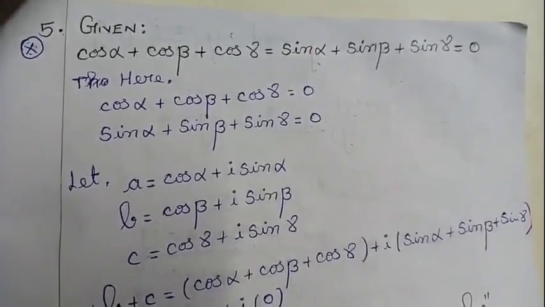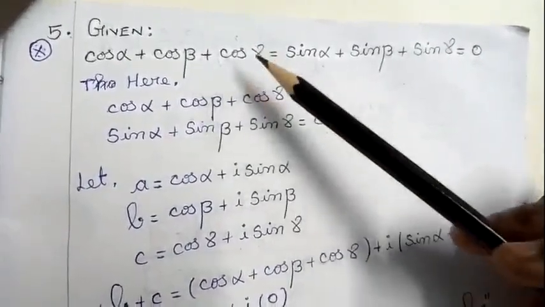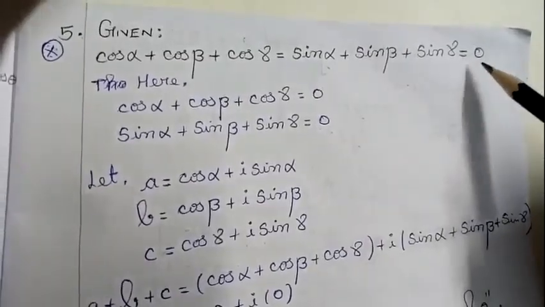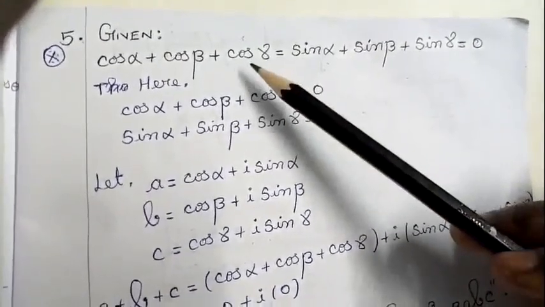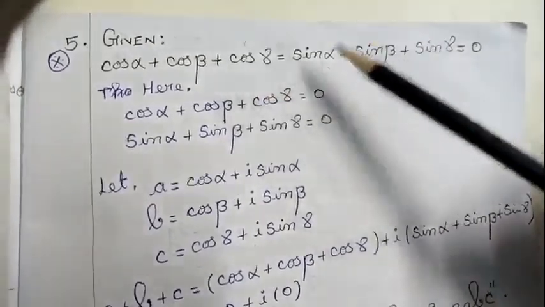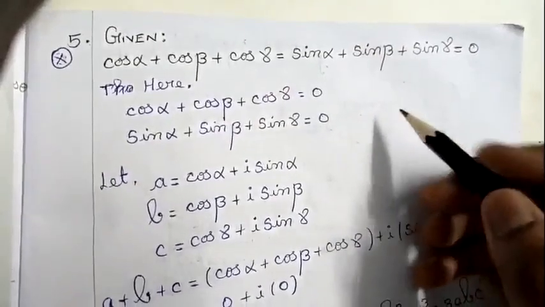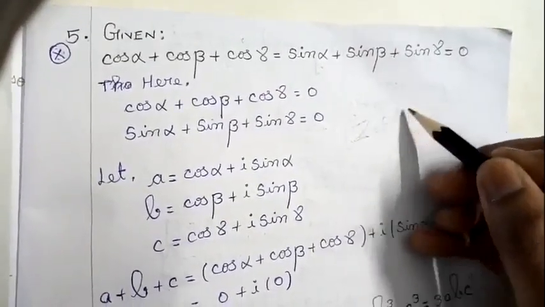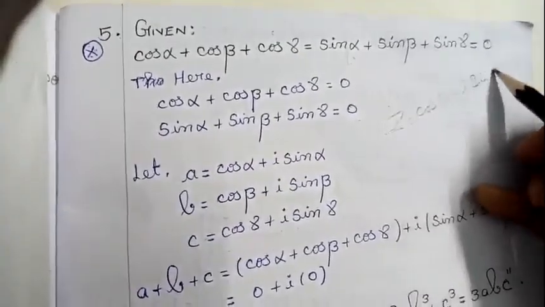Exercise 2.7, fifth sum. Cos alpha plus cos beta plus cos gamma equal to sin alpha plus sin beta plus sin gamma equal to 0 is the given condition. Here cos represents the real part and sin represents the imaginary part, since in complex numbers we can write z equal to cos theta plus I sin theta.